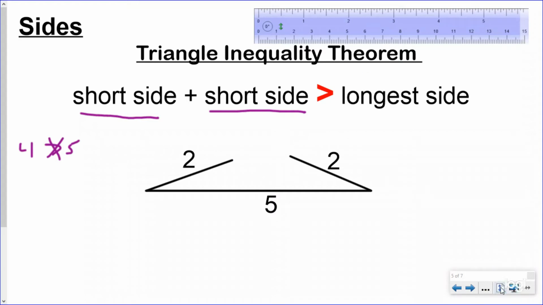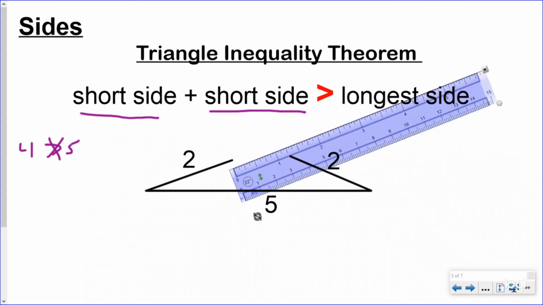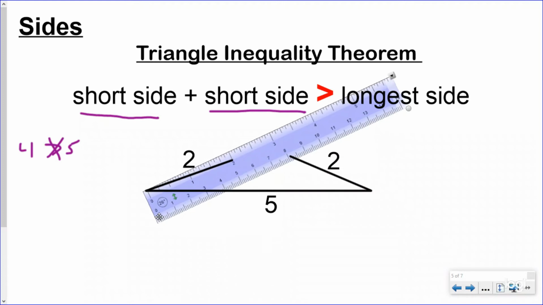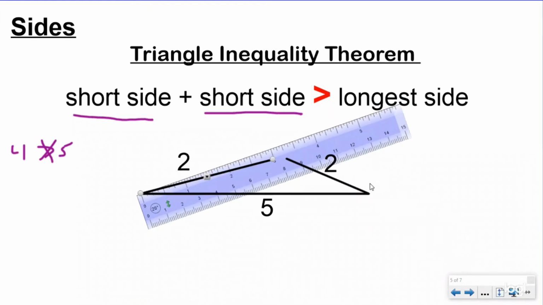If I take my ruler here and I rotate it, there we go, and I put that right there, that still doesn't work. Now I would have to change this. If I make this into a 3, 3 plus 2 is 5. 5 is still not greater than 5.